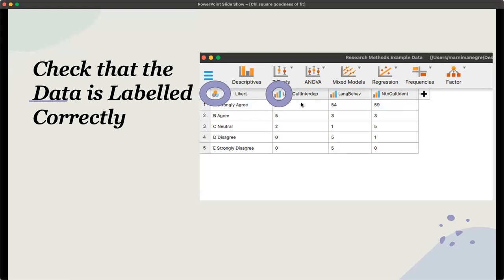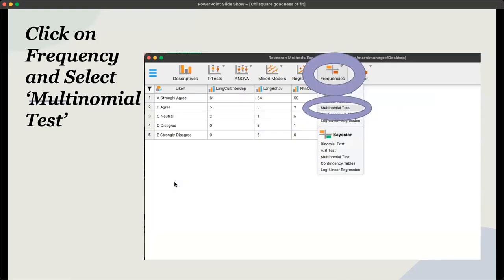So we've got everything added up. The Likert data would be nominal, and then the information for each of the questions would be scale. So the data needs to be labeled correctly.